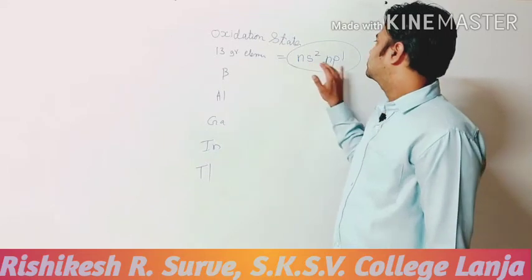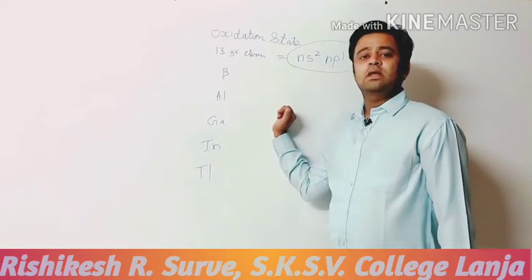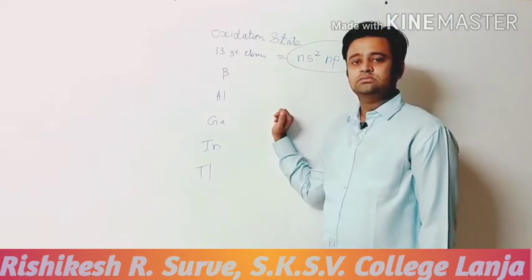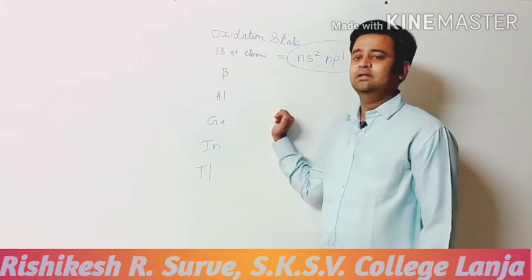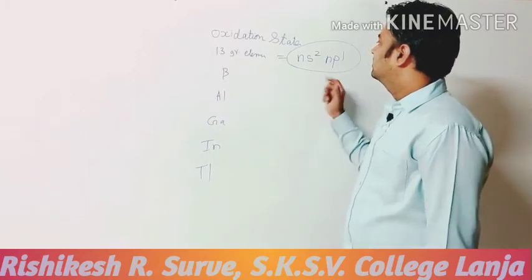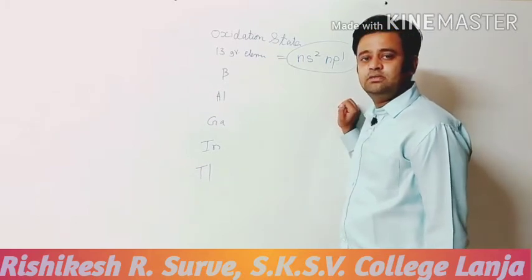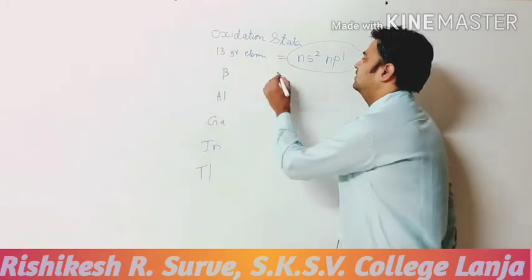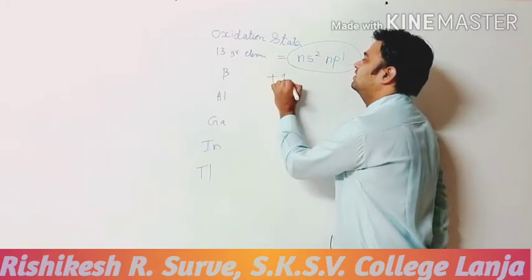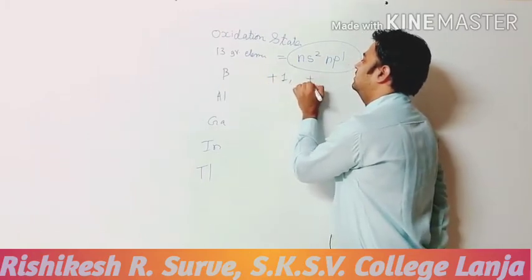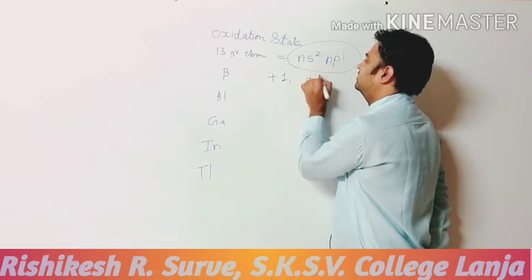Since here the ns2 and np1 are the electrons, definitely these electrons are going to take part in bond formation, producing either +1 or +3, with a total of 3 electrons.